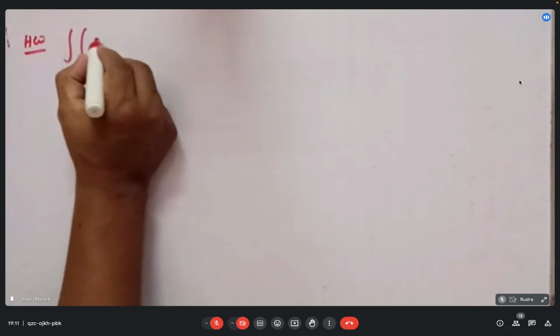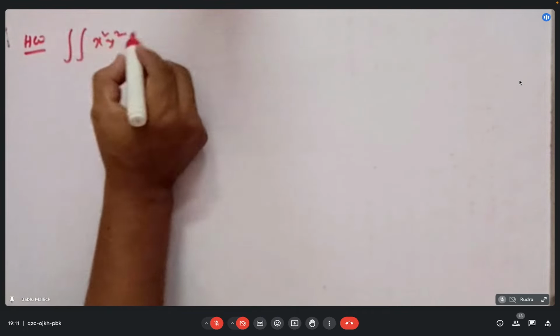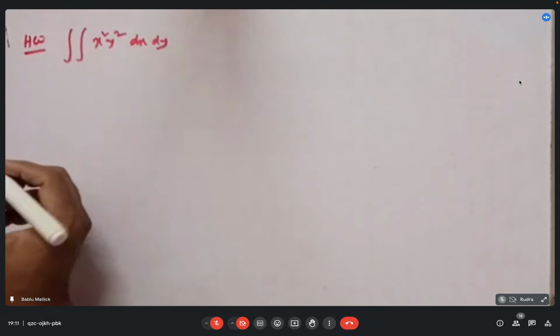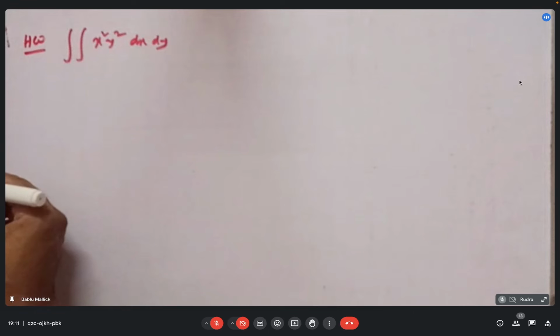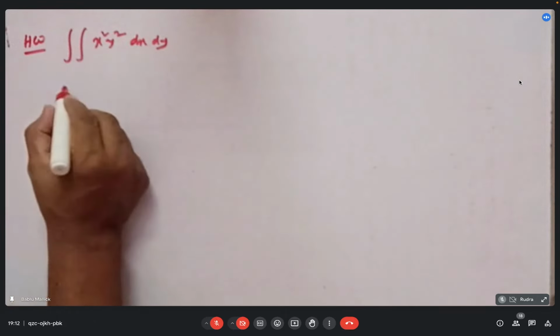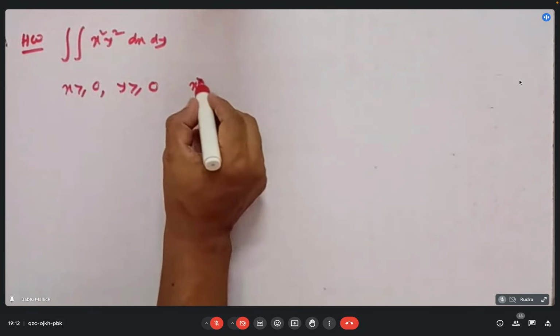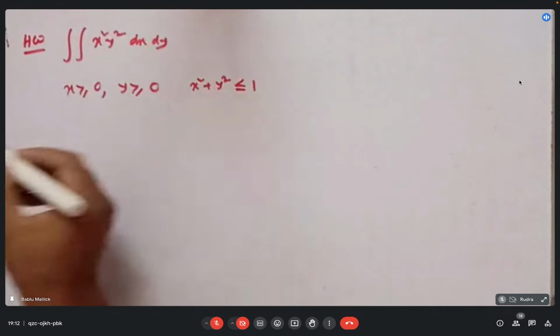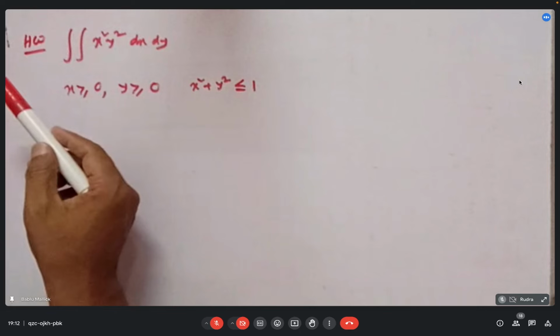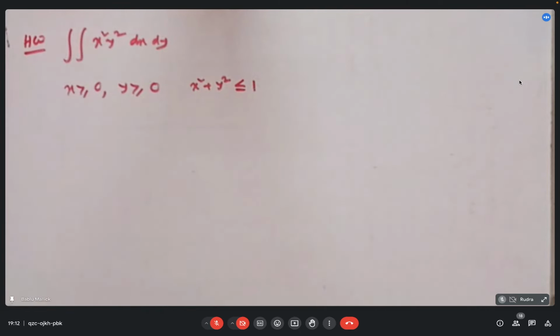Evaluate double integration x square y square dx dy over the area bounded by x greater than or equal to 0, y greater than or equal to 0, and x square plus y square less than or equal to 1. This is your homework. You will do this sum.